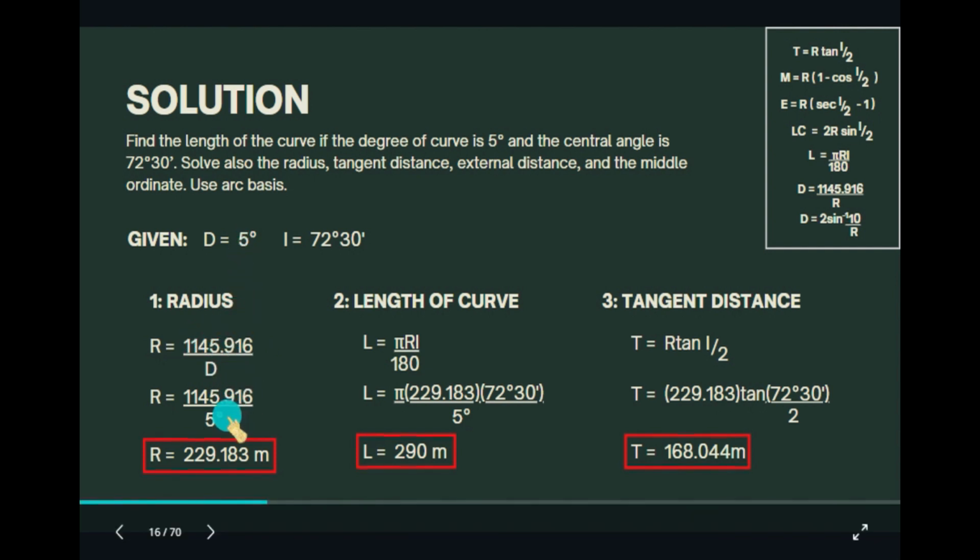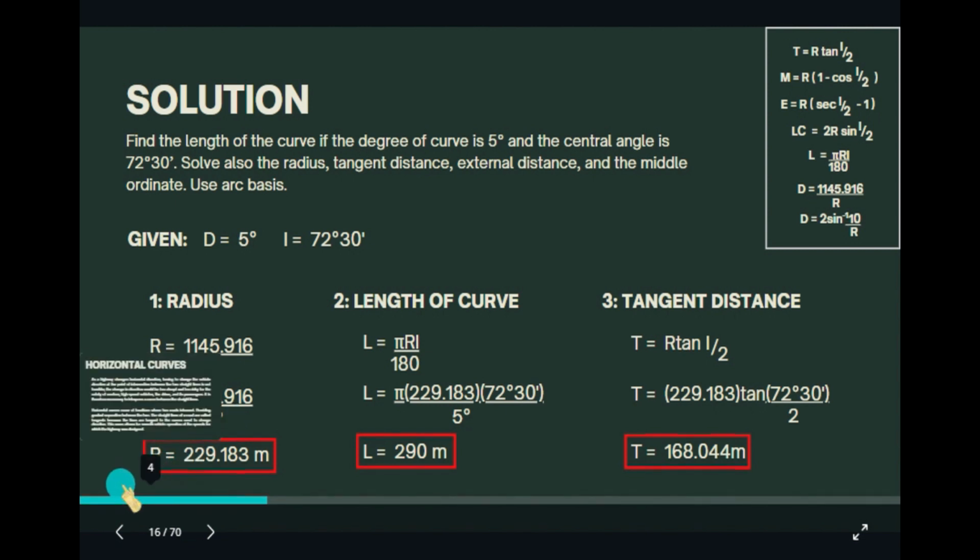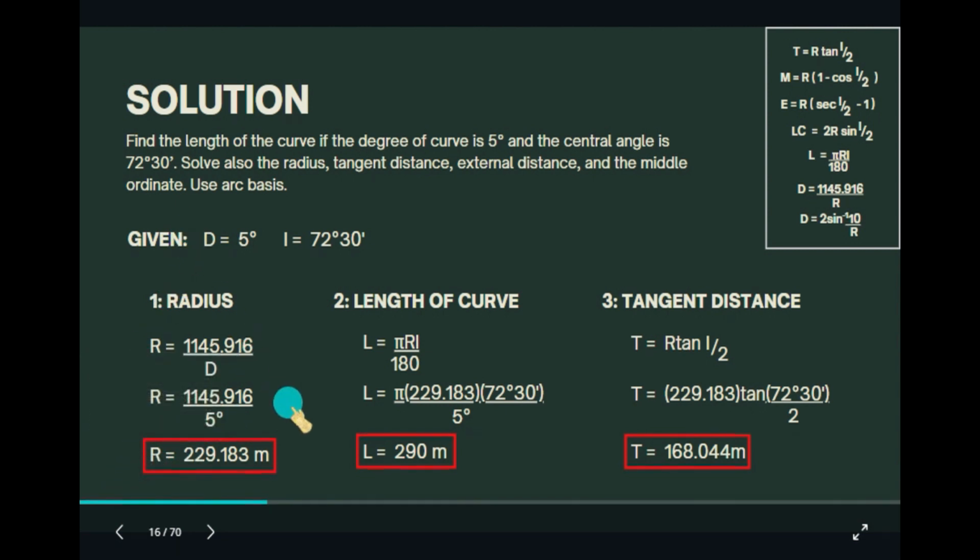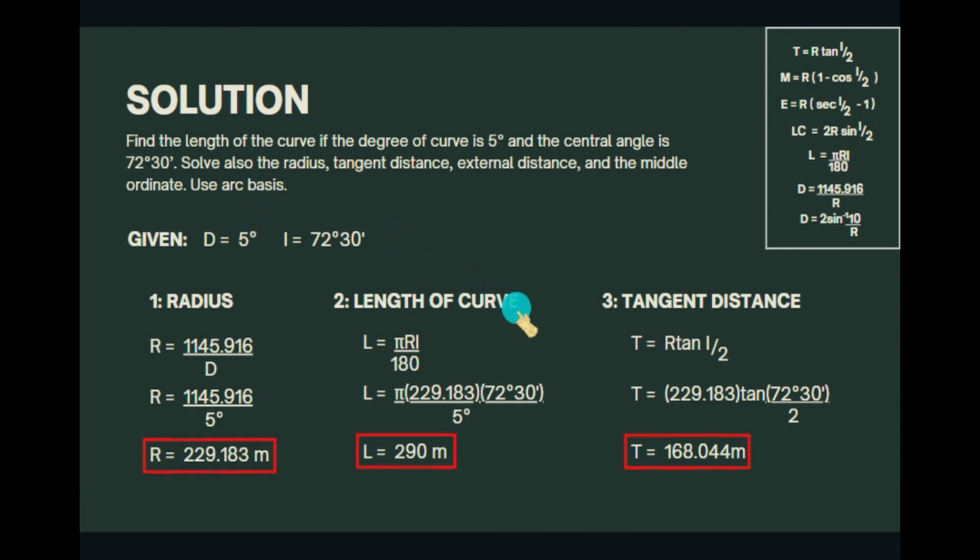D is 5 degrees. We will input this in our calculator and get the value of 229.183 meters.